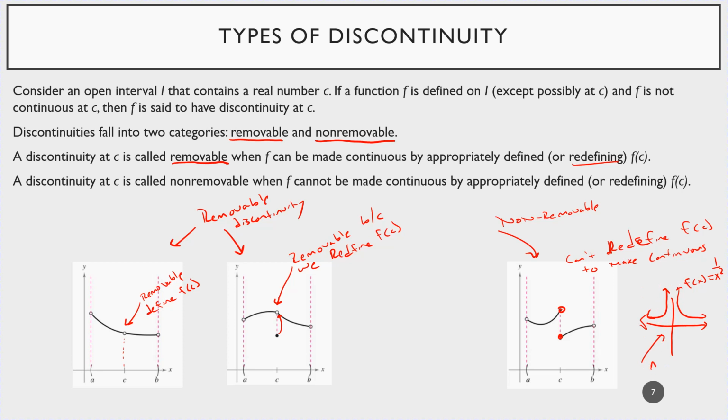Asymptotes also create non-removable discontinuity. I'll do some more examples of this, and you can see this in action here.